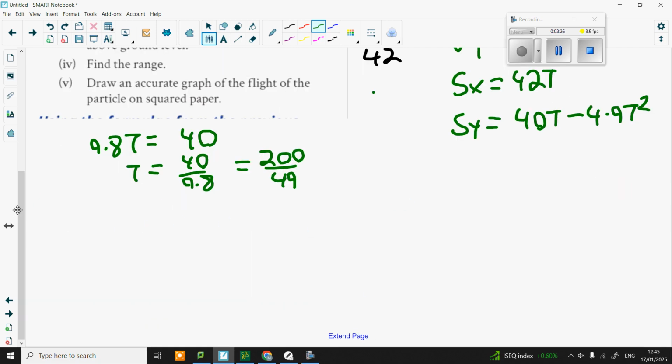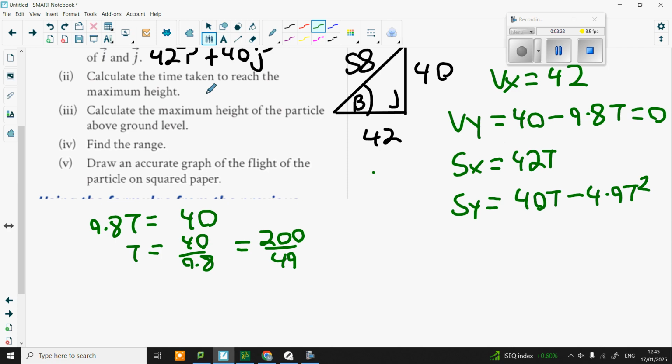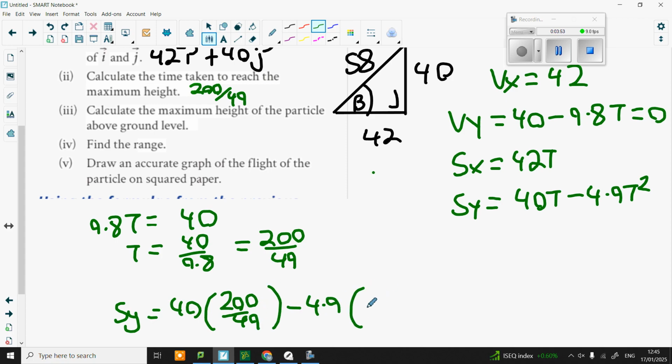Then I sub that into sy, so that's the answer for part 2, 200 over 49. And then sy is ut, so 40 times 200 over 49, minus 4.9 t squared. And what do you get for that? The greatest height. 4,000 over 49, thank you.